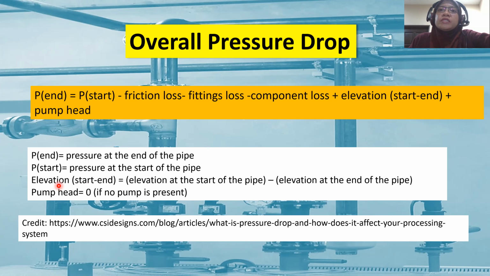The elevation difference is the elevation at the start of the pipe minus the elevation at the end of the pipe, and the pump head is equal to 0 if no pump is present.